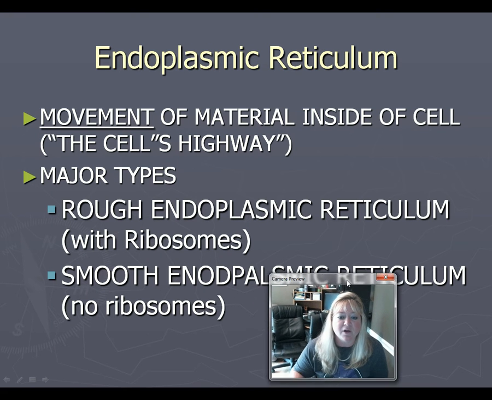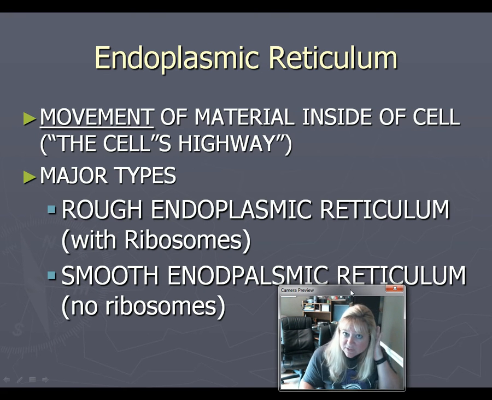And next, we'll talk about the endoplasmic reticulum. The endoplasmic reticulum is often abbreviated as the ER. And what this does is it helps move materials inside the cell. Think about the cell. It's got all that cytoplasm. It's got the cytosol. It's got the organelles. If there are proteins being made or enzymes that need to be moved, it's hard.